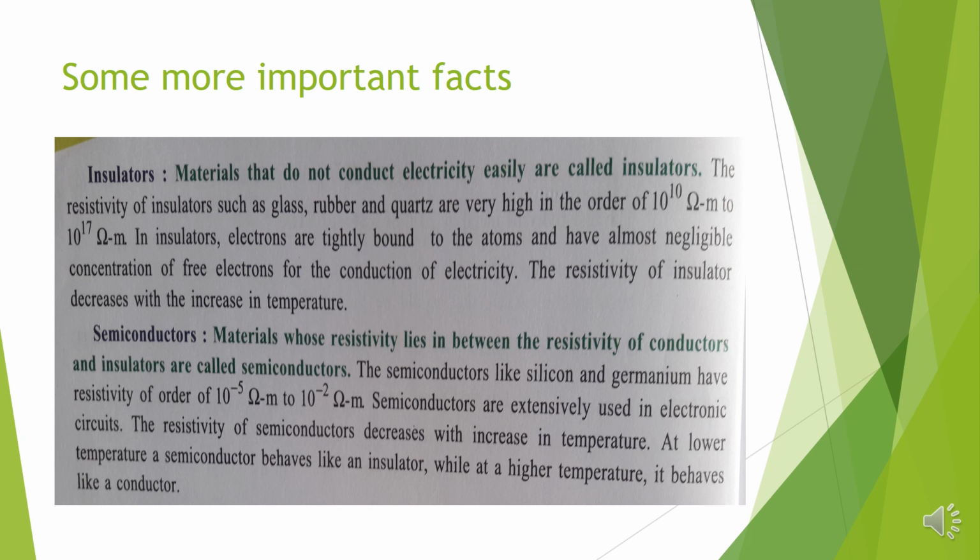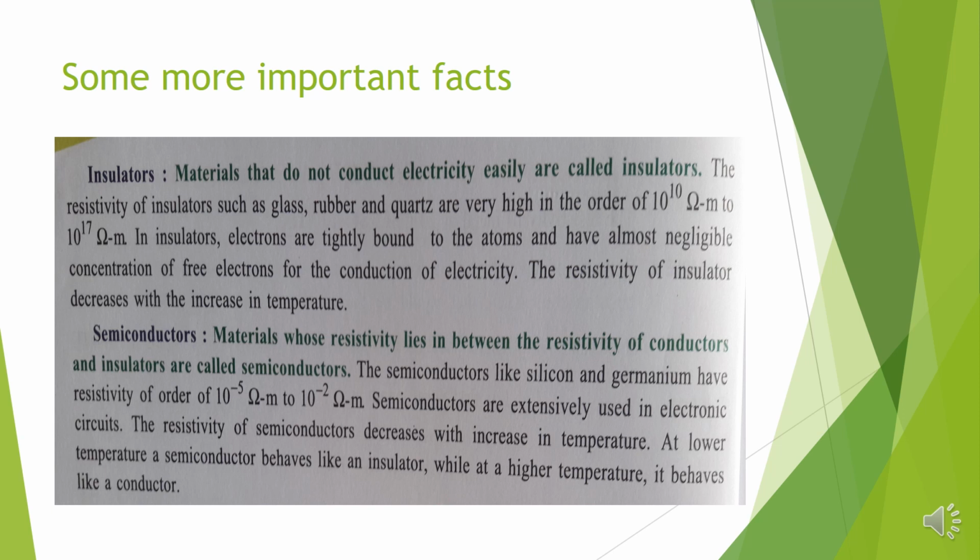Here we get to know about semiconductors. Materials whose resistivity lies in between the resistivity of conductors and insulators are called semiconductors. It's in the range of 10 to the -5 to -2 ohm meter. What are the examples? Silicon, germanium.